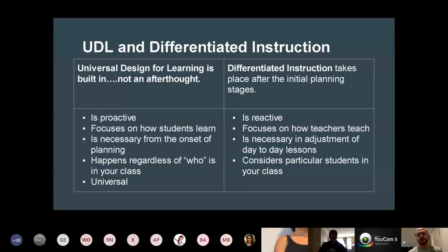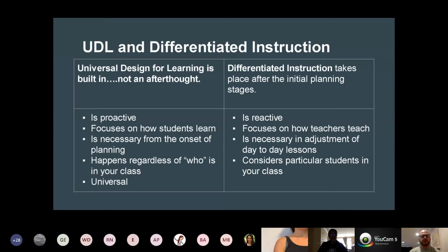And we'll introduce you to a checklist to help you when planning lessons, so that you can make sure you have hit on some of the components during your planning. All right. UDL is based on how students learn, where differentiation is on how teachers teach. Just like I said earlier, you would change the way you teach for differentiation based on assessments. UDL, we're thinking about those networks of the brain.